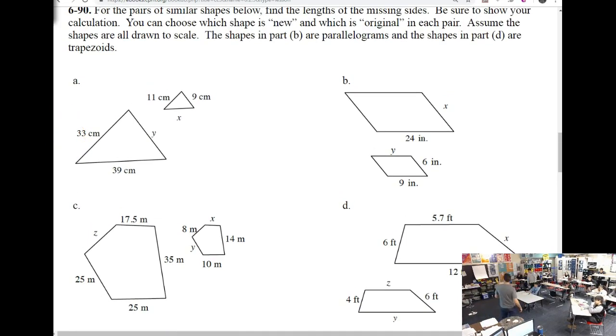No. Perfection in its finest. I'm going to give you guys a good 5 minutes to do this. You have like 8 things to solve up there.